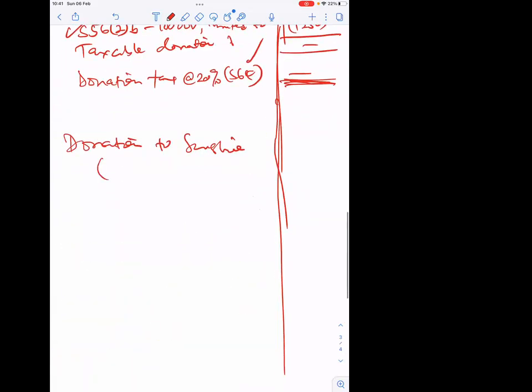This one is exempt in terms of section 56 what? It's to a public benefit organization. Section 56 what? Done there.